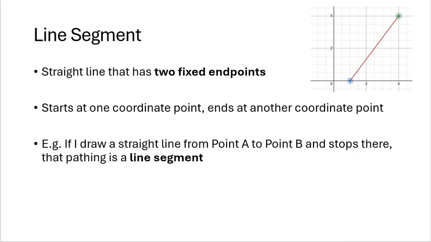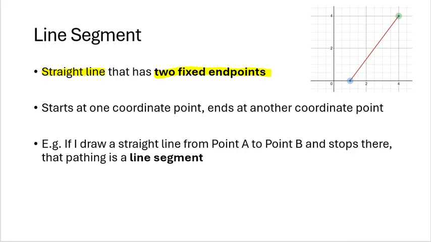A line segment is pretty much a straight line that has two fixed endpoints. It starts at one coordinate and ends at another coordinate. What you're supposed to be picturing is if you draw a straight line from point A to point B, that is the line segment.